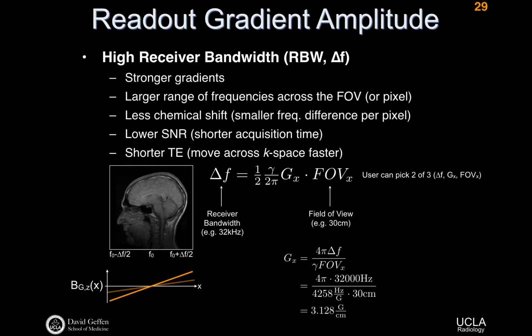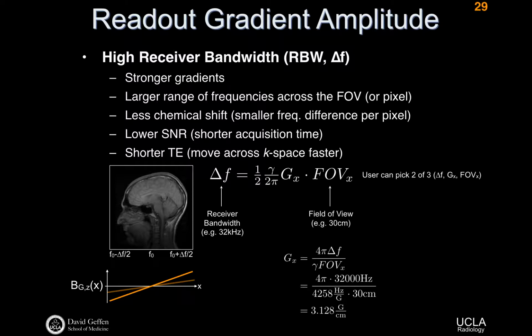So how do we go about calculating? Well, you can algebraically just rearrange this expression so that for a given receiver bandwidth and a given target field of view, you could estimate the gradient strength needed, for example, during the readout period. Here, I just put gamma in terms of hertz per Gauss. It's a little bit easier sometimes than megahertz per Tesla.